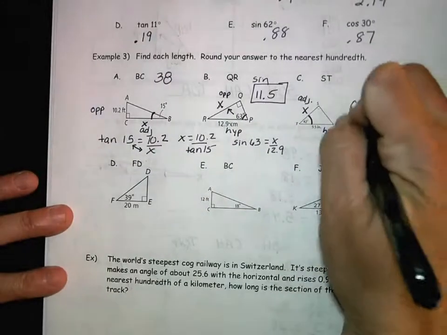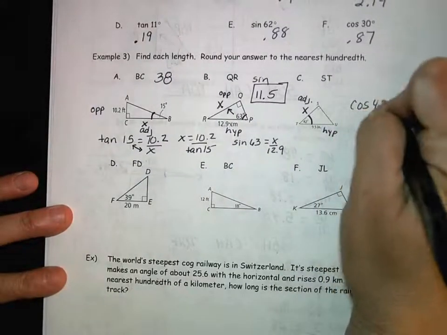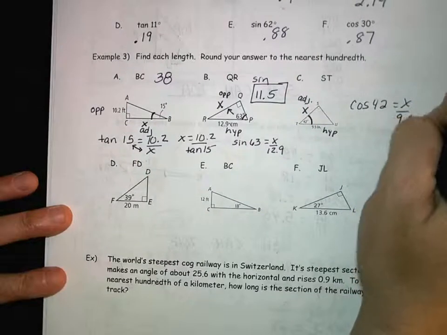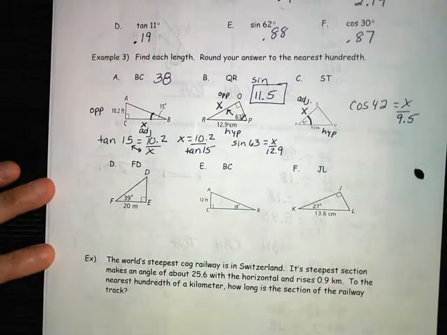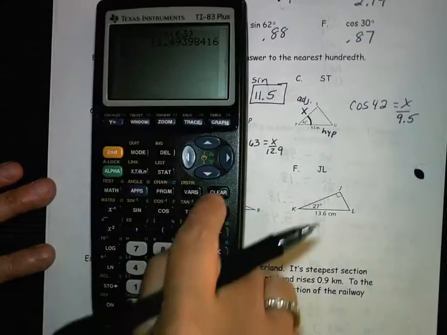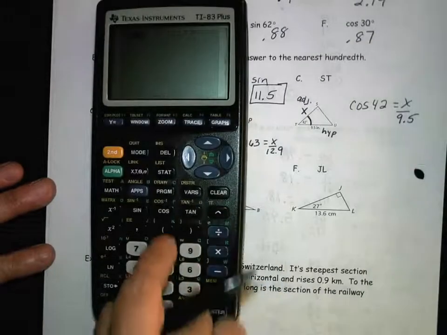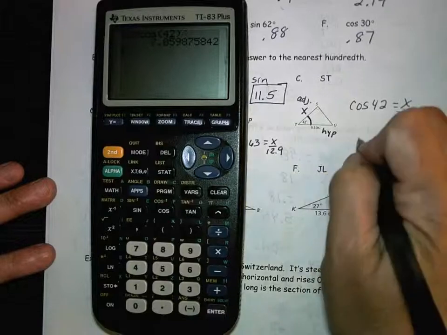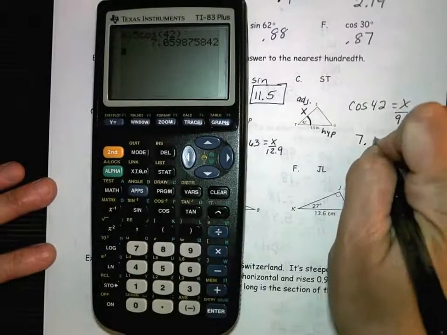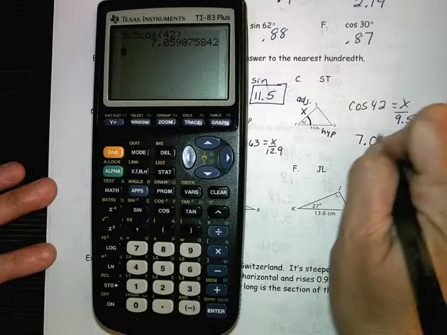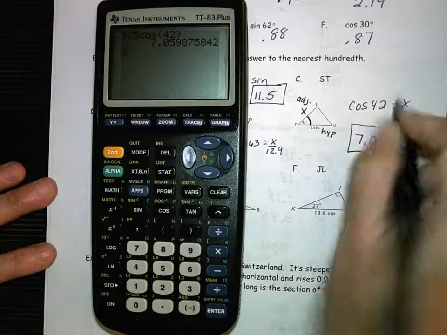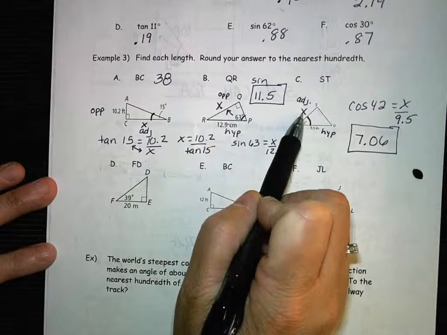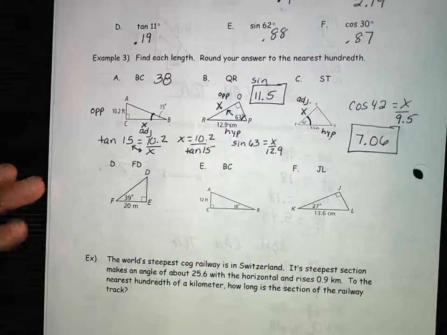So we will have cosine of 42 equals x over 9.5. With that one, you can just multiply. 9.5 times the cosine of 42 is 7.06. And we used cosine because we had the adjacent side and the hypotenuse.